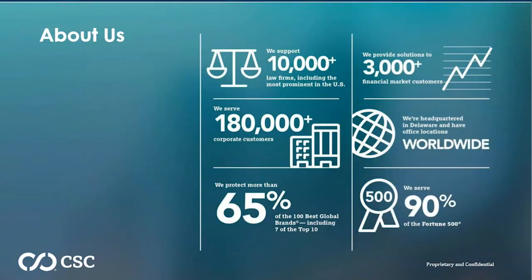So without further ado, I have the pleasure of talking a little bit about CSC as an organization. The slide talks about some of the markets that we serve, and there are some statistics here. But to give you a little more of a sense of our company, I've got some quick-hitting stats about CSC. There are currently over 3,000 employees with CSC across 14 countries and 46 different locations. Our global headquarters is in Wilmington, Delaware.